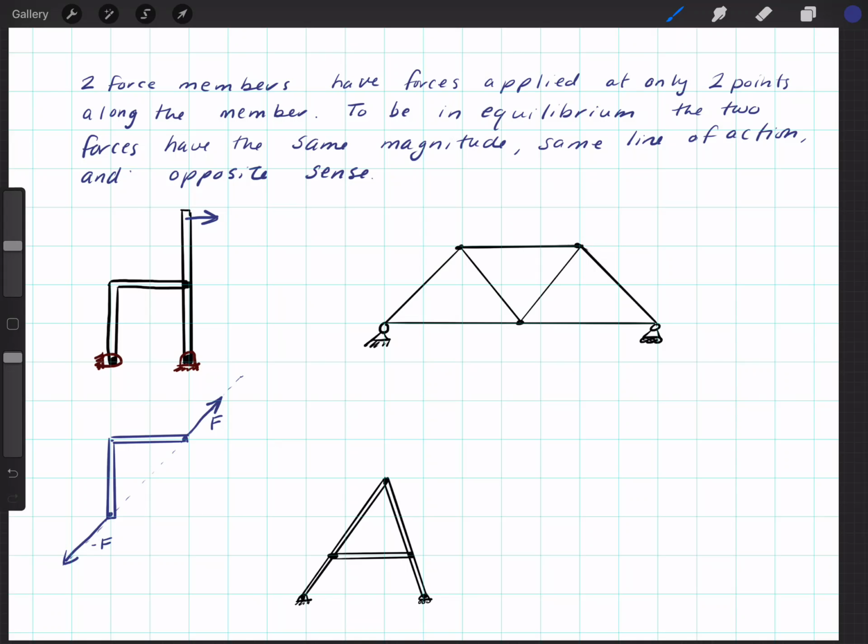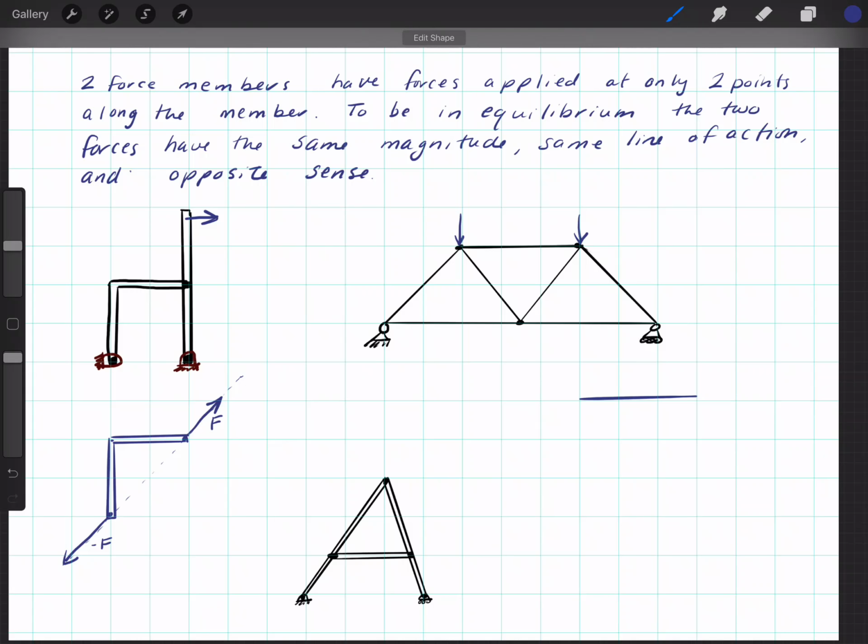And then any truss member, when we talk about a truss, we only load trusses at the joints. So if we're only loading a truss at a joint and we're not loading it within the member, then every truss member is a two-force member. And we can look at the geometry of it.